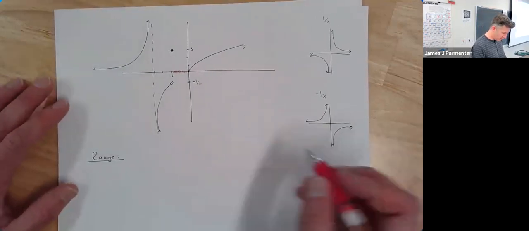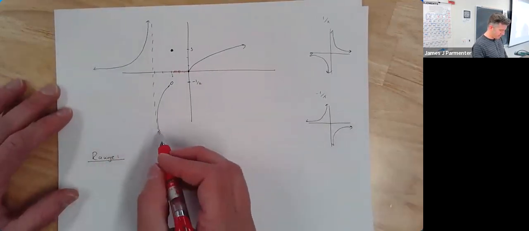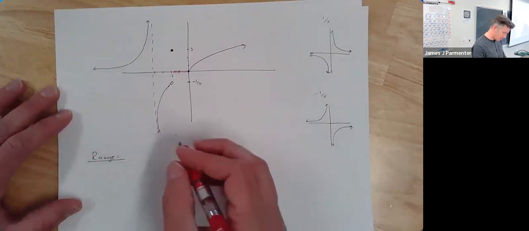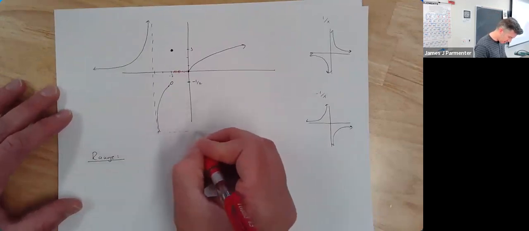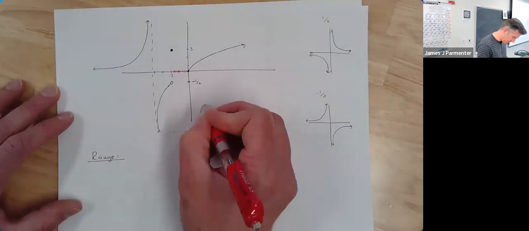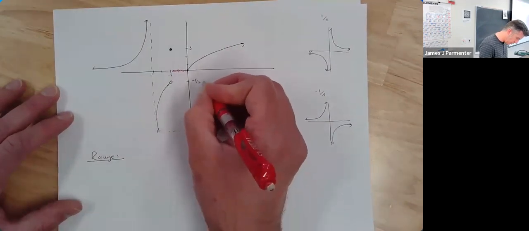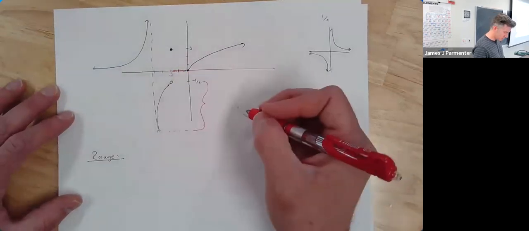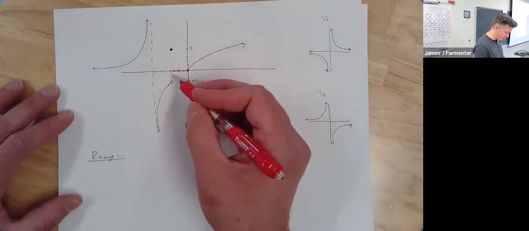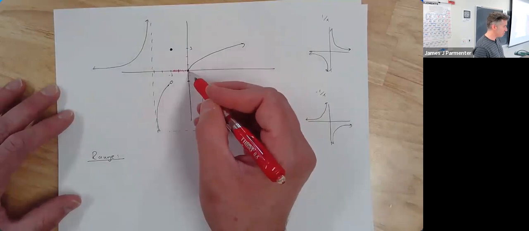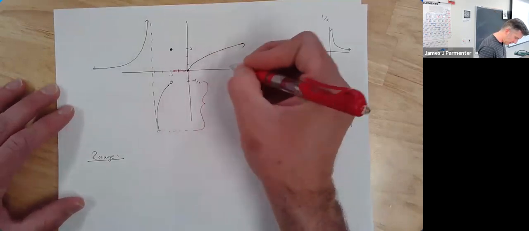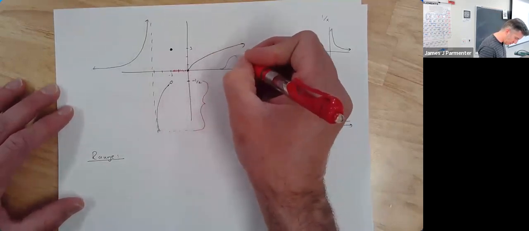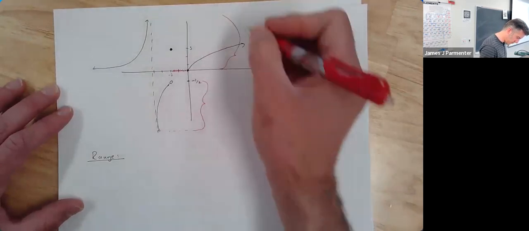How low do my y values go? It looks like they go as low as -infinity, and they're going up to almost -1/2. But then there's a gulf between -1/2 and the next y value, which is 0. But then I get everything from 0 onwards.